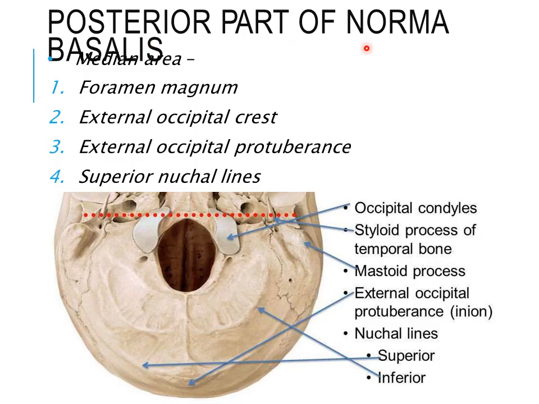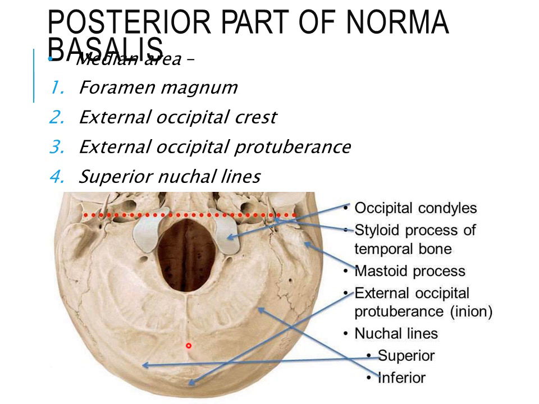Let us discuss the posterior part of the Norma basalis. We have this median area which contains the foramen magnum. Then we have the external occipital protuberance and external occipital crest, and the superior nuchal lines. This is the superior nuchal line and this is the inferior nuchal line.